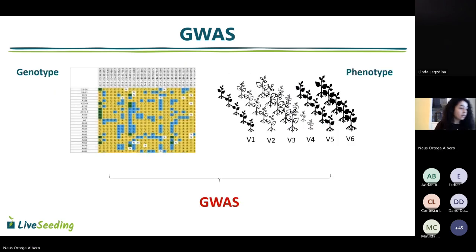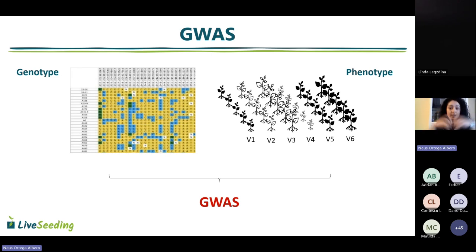Basically, the GWAS would be based on phenotyping a population that needs to be diverse for the trait that we want to study, and then genotyping this population with different methods to obtain the genetic information.